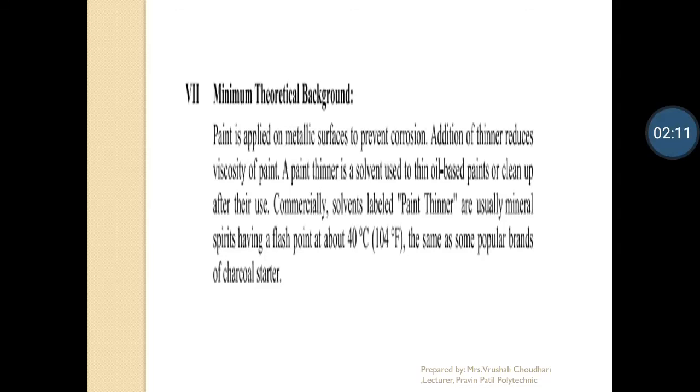During drying, thinner gets evaporated and a solid layer is formed on the metal surface, which prevents the reaction of metal with the atmosphere. So in today's experiment, we are going to heat paint at 100 degrees Celsius and check how much volatile matter is present in the paint.